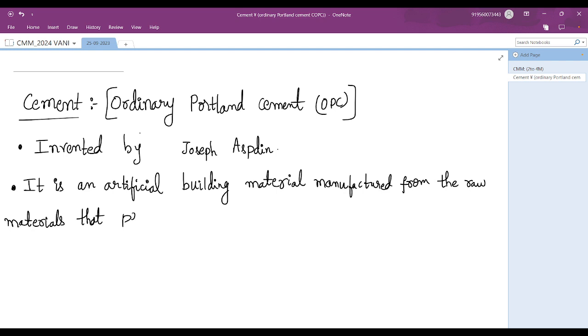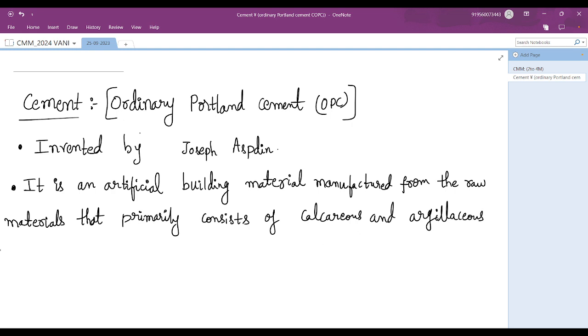that primarily consist of calcareous and argillaceous compounds.